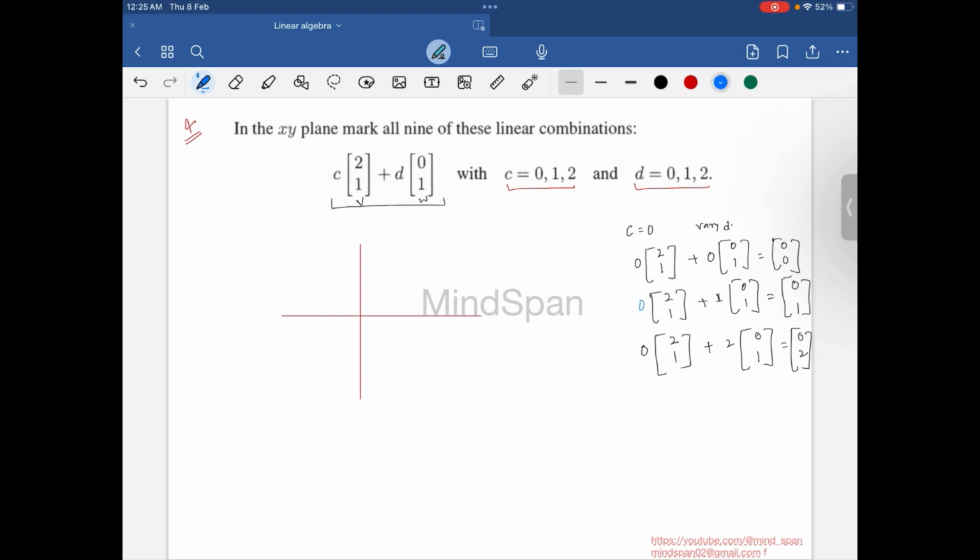So by doing this, what are the points we will get? Let me first of all mark this: 1 2 3 4 and 1 2 3 4. First of all we will be getting this 0 0, right? Here with c equals 0, d equals 0, we will get this particular point.